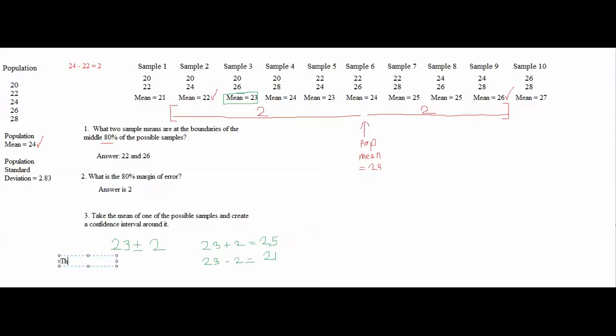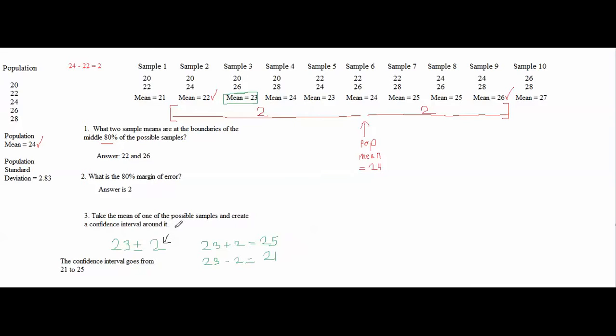Confidence interval is really just the range, meaning the interval between those two numbers. Goes from 21 to 25. And notice how when we created our confidence interval, we took the mean of sample 3 and we added and subtracted the 80% margin of error, which we found out was 2.